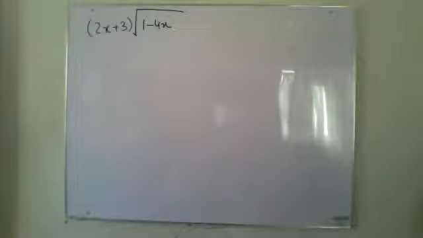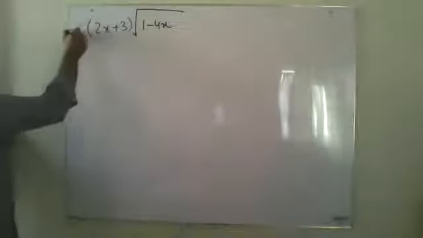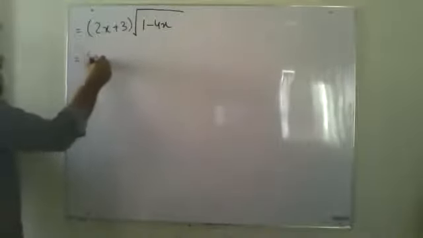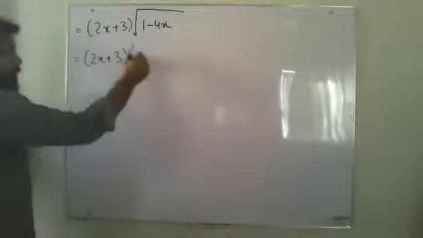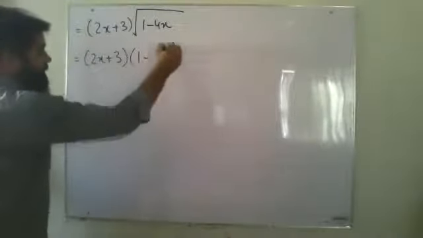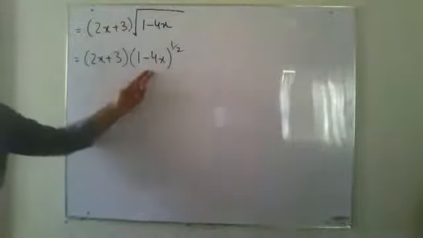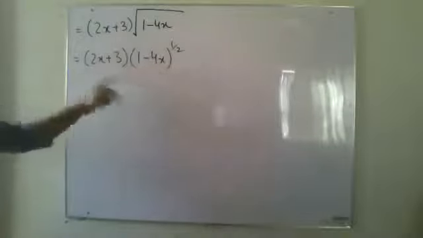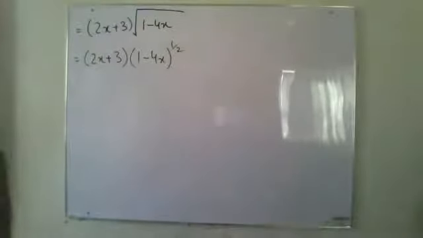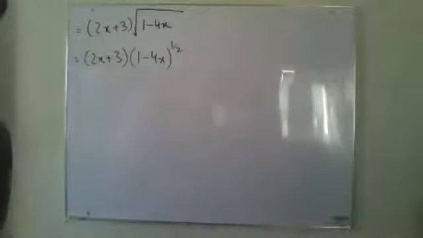Although it is in the product form, it cannot be multiplied, like if I write 2x plus 3, 1 minus 4x whole power 1 over 2. I can't multiply them because I can't expand this thing easily. So over there we are going to have the product law for differentiation.